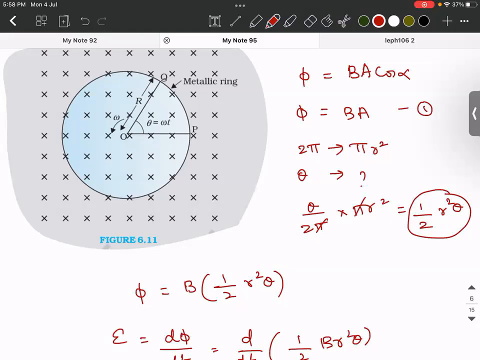In the next class, we'll have a look at inductance. Any doubts or any questions? No, right? Okay, we'll wind up.